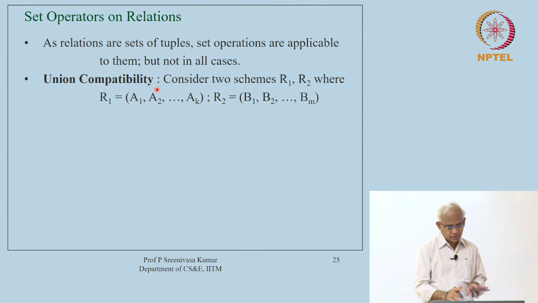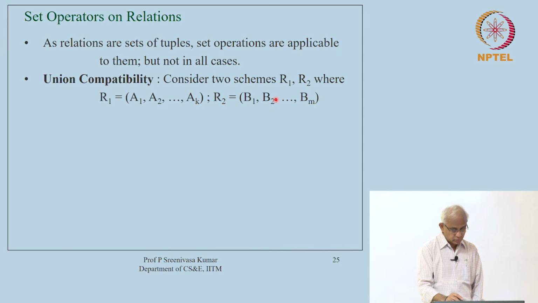So, what is the compatibility that we are asking for? Let us consider two relations, R1 with attributes A1 through AK, and R2 with attributes B1 through Bm.